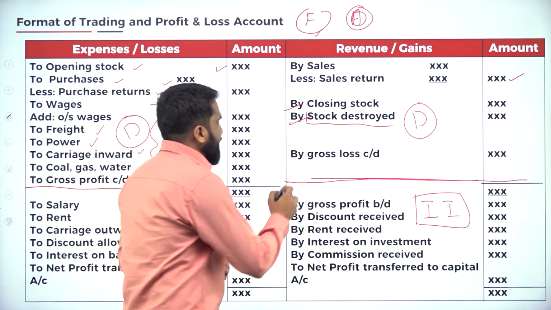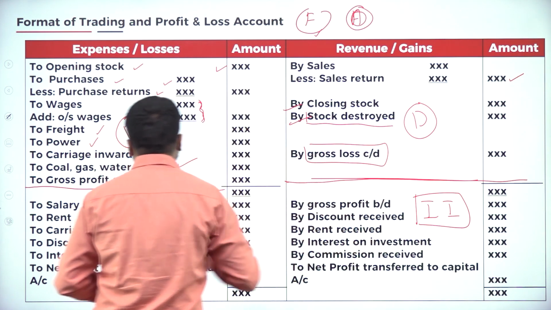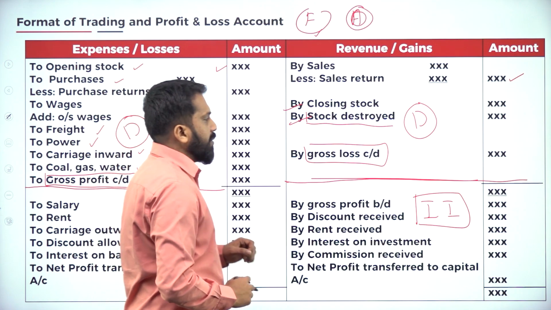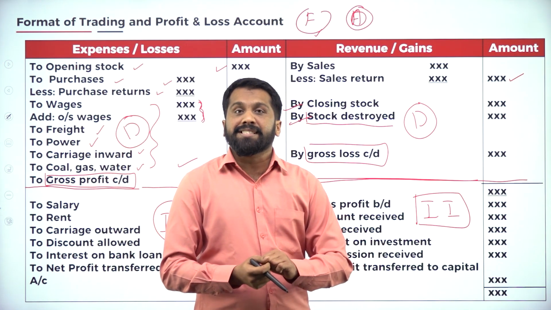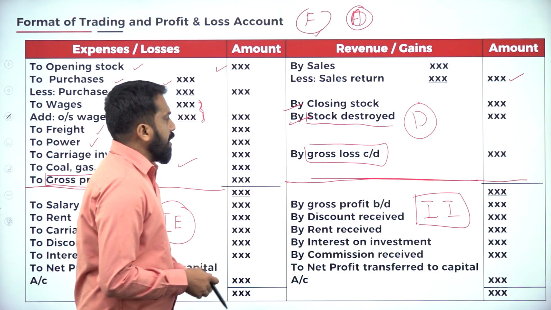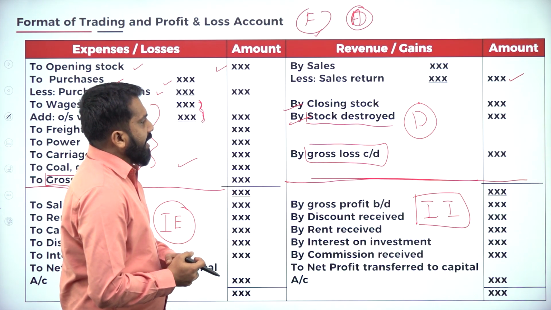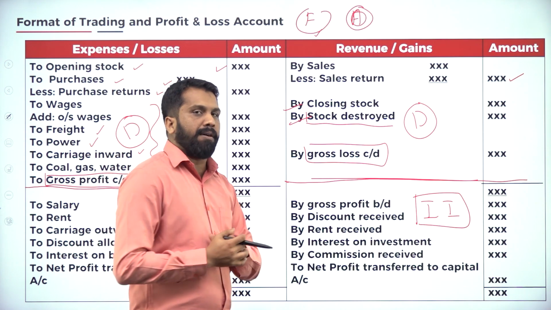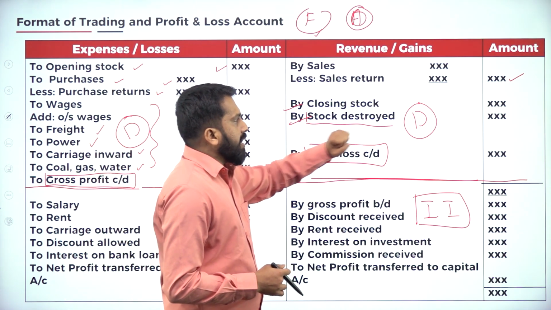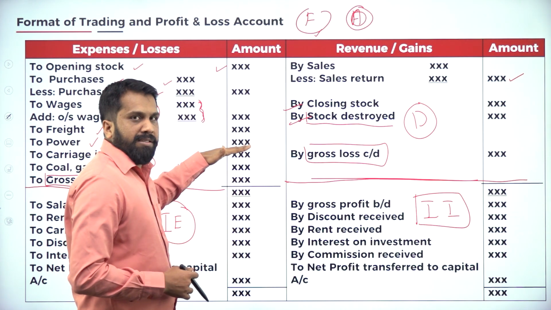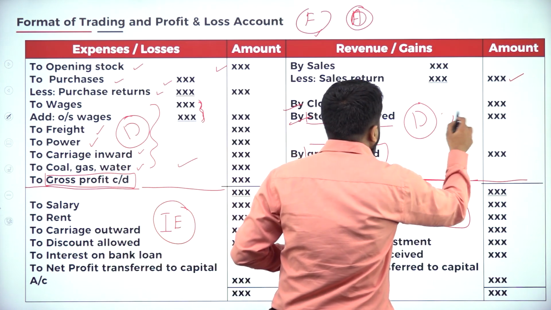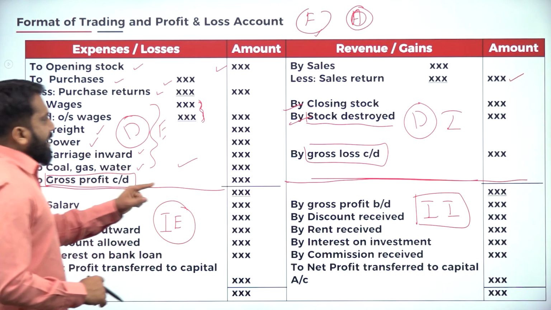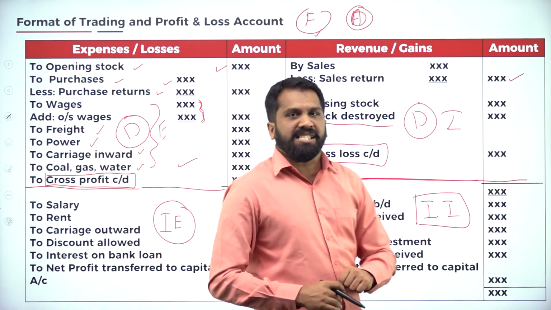Now, what is this gross loss carried down and gross profit carried down? Very simple it is. This we call income, this we call expenses. Direct income as well as direct expenses.